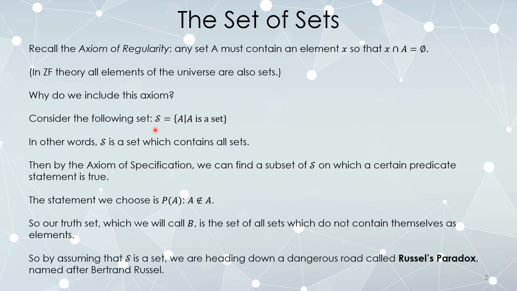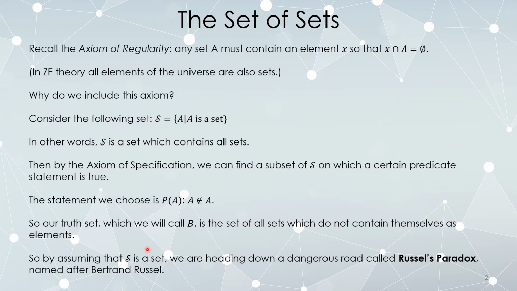So we started off by assuming S was a set. The axiom of specification says, make any predicate you want, and you can talk about the truth set. So the predicate that we're constructing is A is not an element of itself. So the truth set is, within the set of all possible sets, look for anything that doesn't contain itself as an element and construct this.